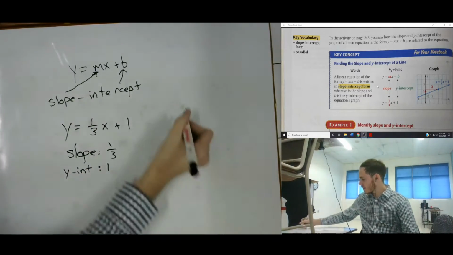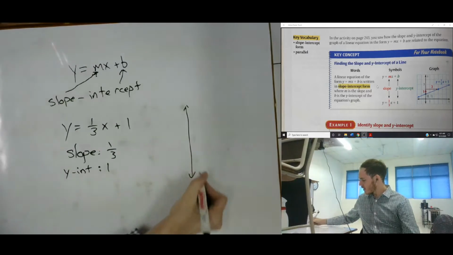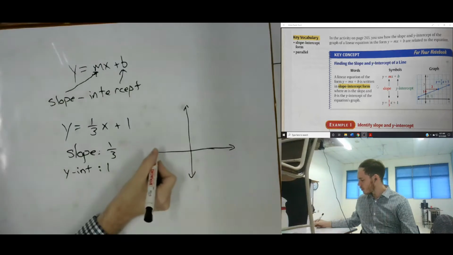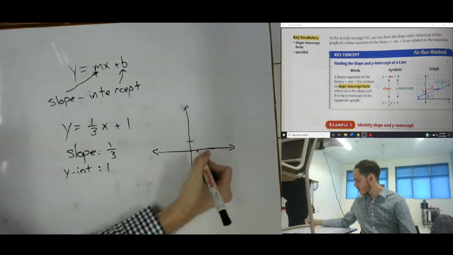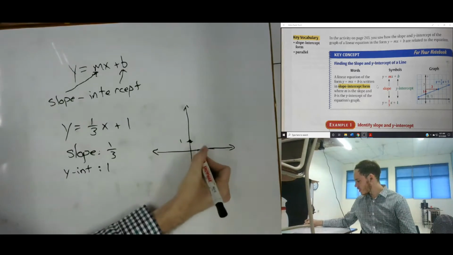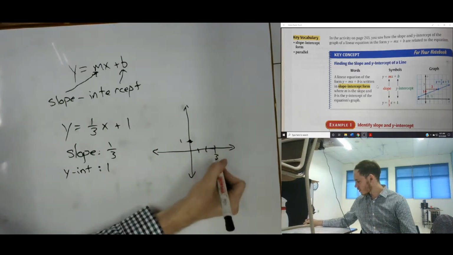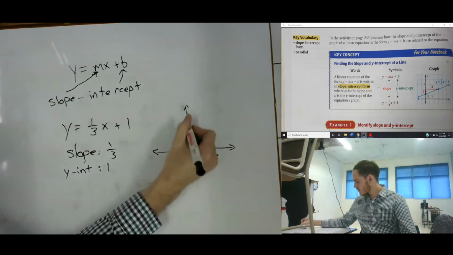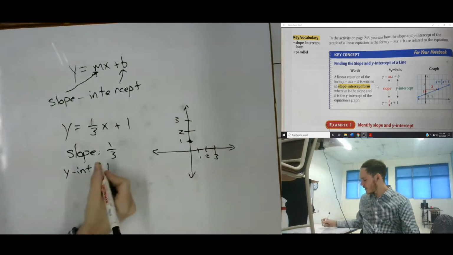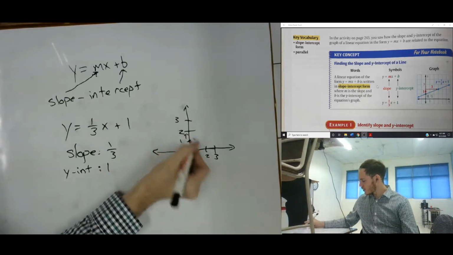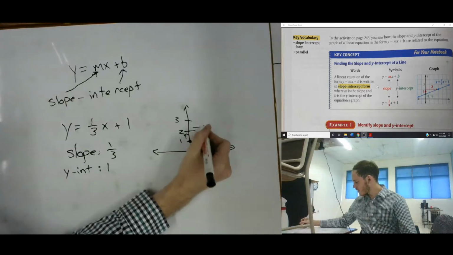So if you're graphing this, you graph your y-intercept, and then you plot the next point using your slope. So the y-intercept is 1, and our slope is 1/3. So we go up 1, a rise of 1, and we go to the right 3.